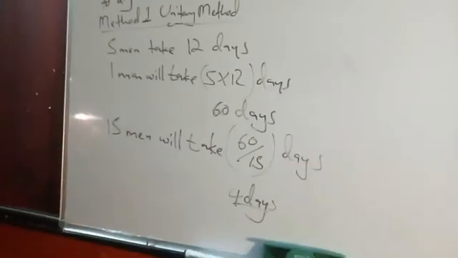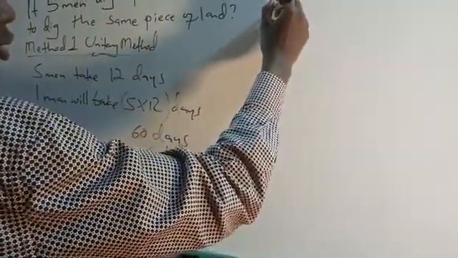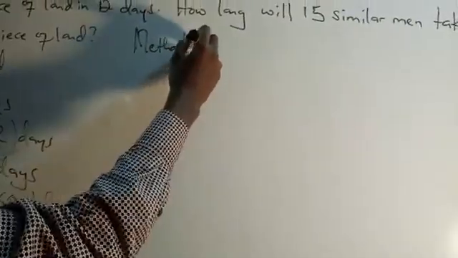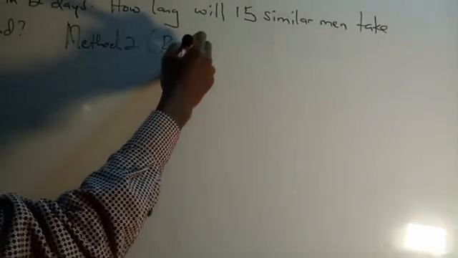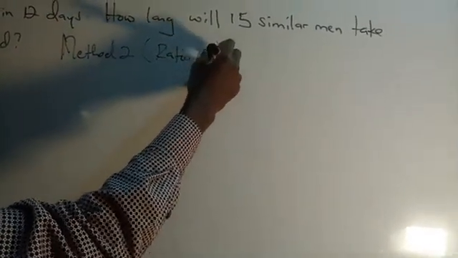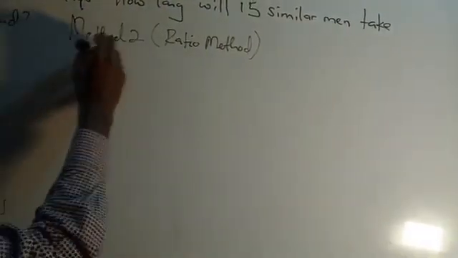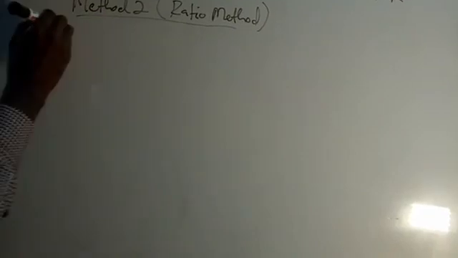So if we go to method 2, which is the ratio method, this is what we call inverse proportions.